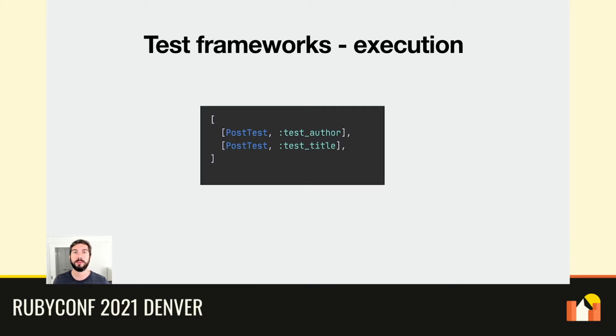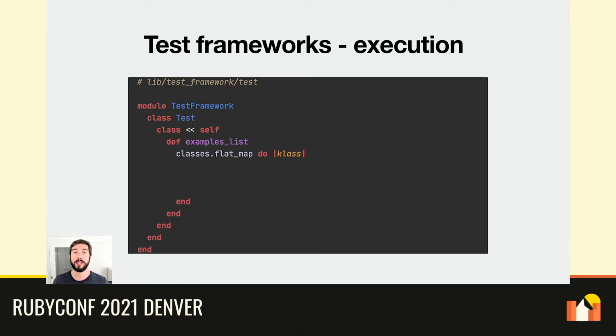We already have the list of classes, so let's try and remap it. And for each one of the classes, we're going to begin by listing the instance methods defined by it. And here false just ignores inherited methods. And then we're going to filter the instance methods based on whether they begin with the word test or not. Because we're only interested in test examples, but we know that we may have a setup method and a teardown and things like that that we're not interested in for building the queue.